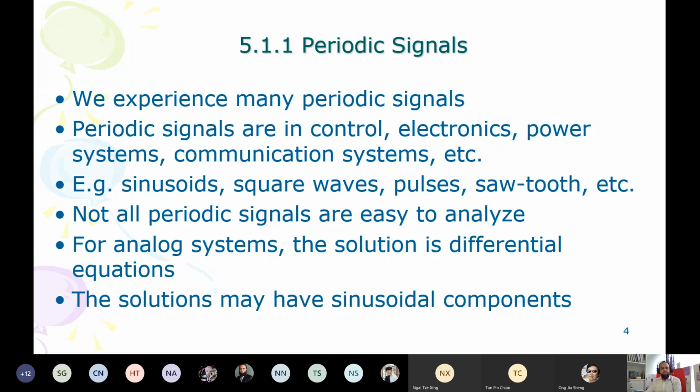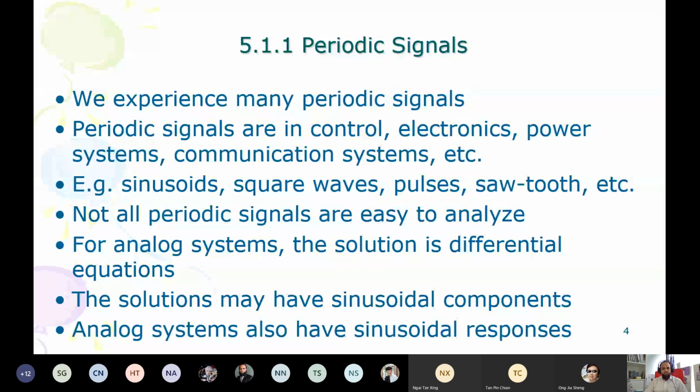So the solutions may have sinusoidal components. I'm narrowing my discussion towards sinusoids. Analog systems also have sinusoidal responses. All the analog systems, the capacitor, inductor, they have exponentials, which can be expanded into sinusoids. So we are talking about sinusoids a lot.